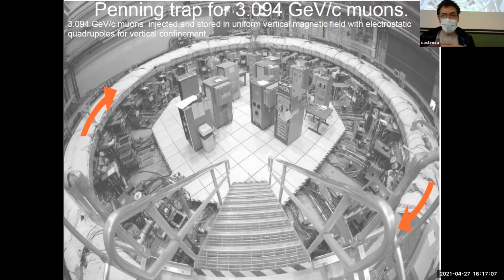And what's neat, one neat trick, I'm going to explain it, about the experiment is we actually watch what's called an anomalous precession. It's the difference between the rotational precession of the muons going around in a circular path and the rotation of the spin as the little muon bar magnets rotate.